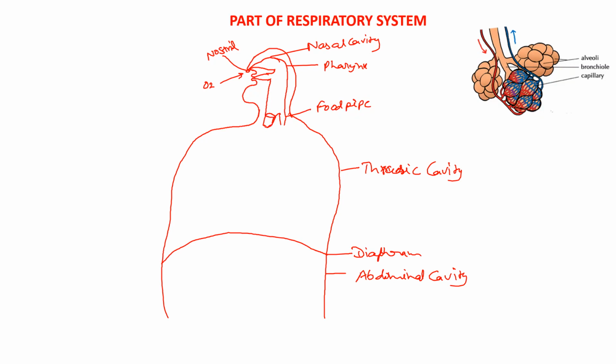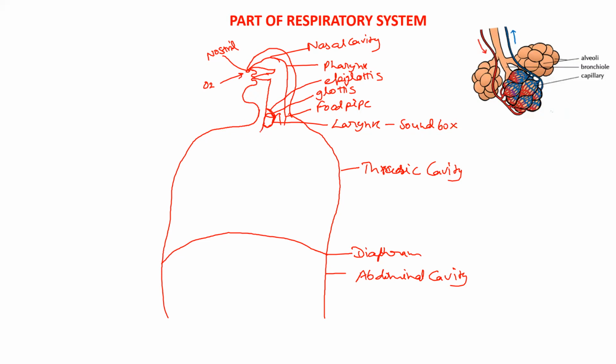A cartilaginous box-like structure which is called the larynx. The larynx opening is called the glottis and it is covered by a flap-like structure called the epiglottis. This epiglottis prevents food from entering the larynx. And this larynx is also known as the sound box. So it helps in producing sound.